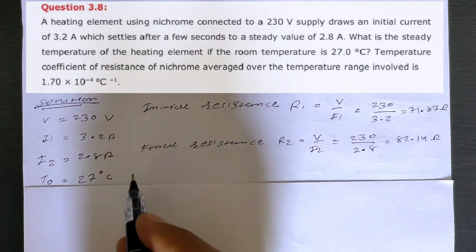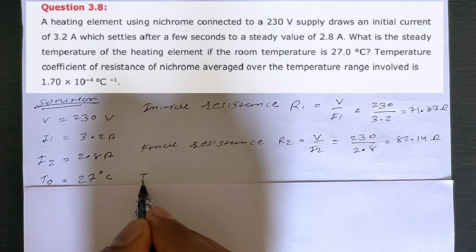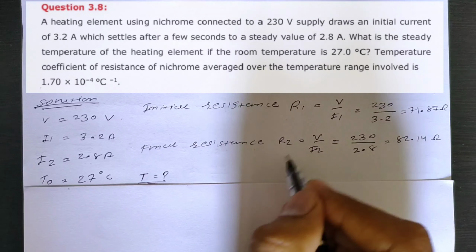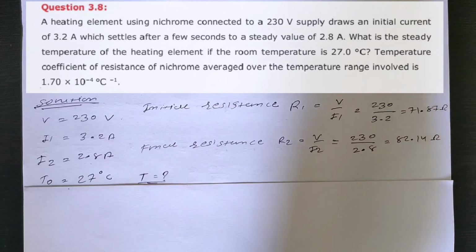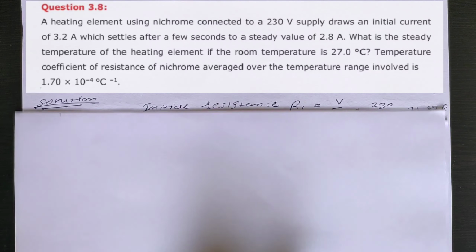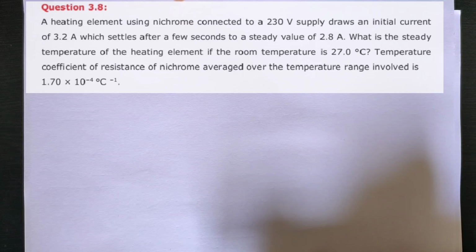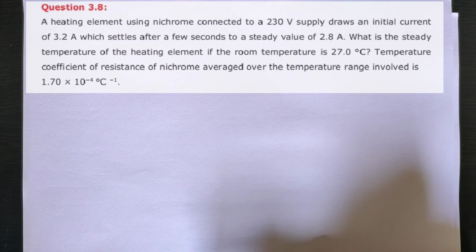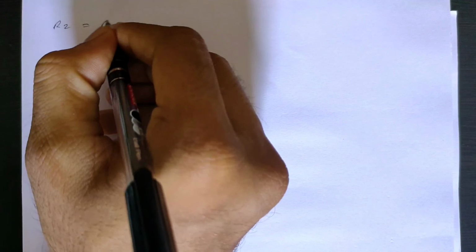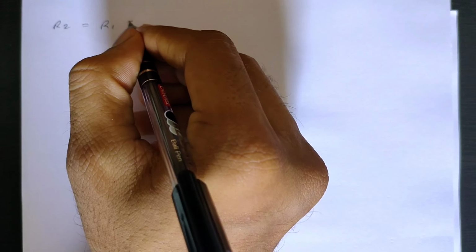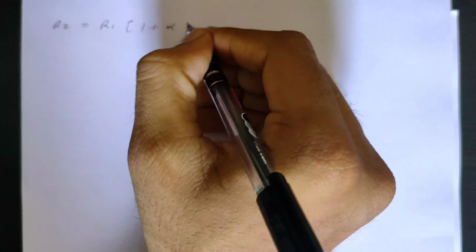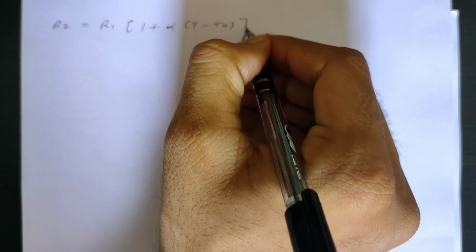Let it be T. So we have to find T when resistance is R2. Now let's solve this problem. Over here we can say from the equation R2 is equal to R1 (1 + alpha (T - T0)).